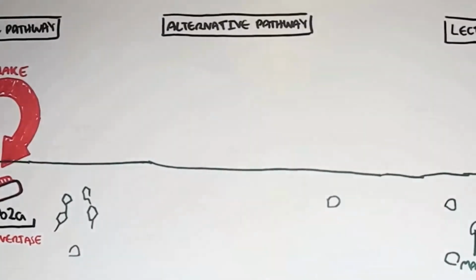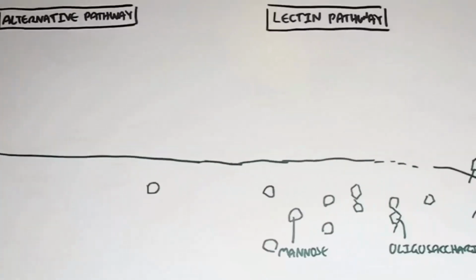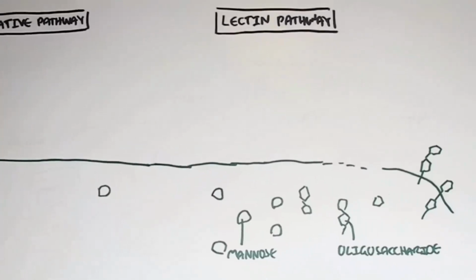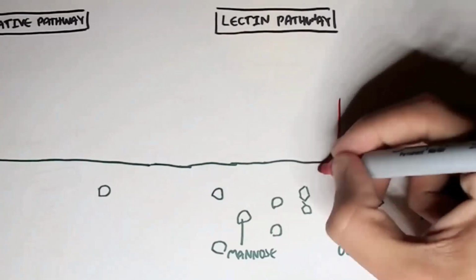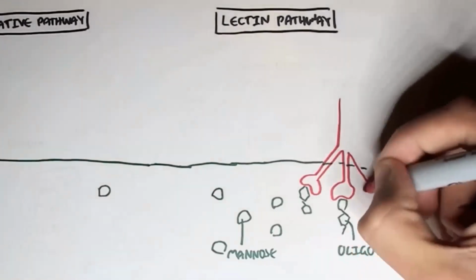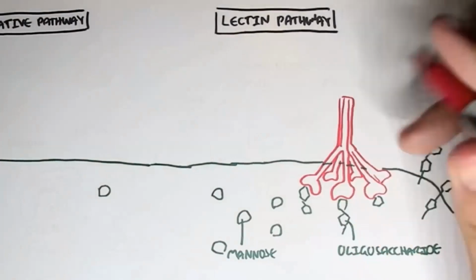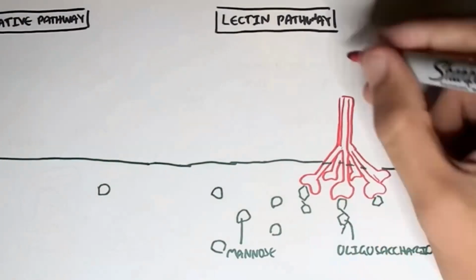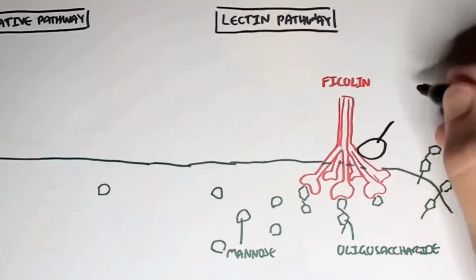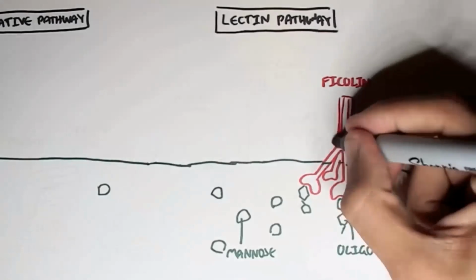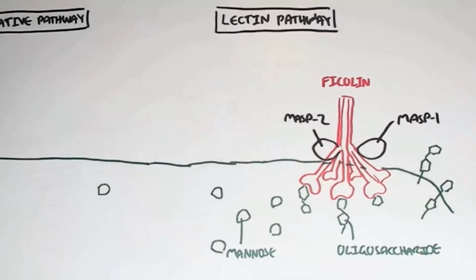But for now, let's stop there and look at the lectin pathway, which is very much similar to the classical pathway, but involves different types of proteins in the activation of the C4b2a complex, the C3 convertase. Now, the lectin pathway differs from the other pathways because what initiates it are proteins binding to carbohydrates on the pathogen. So, for example, we have a protein called ficolin, which binds to the oligosaccharides of a pathogen, a bacteria. Ficolin also has other proteins bound to it, the MASP1 and MASP2.